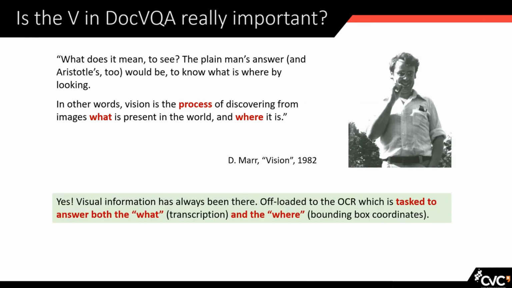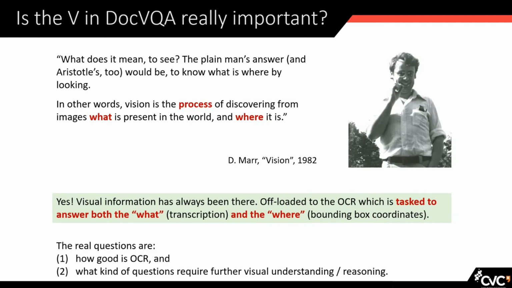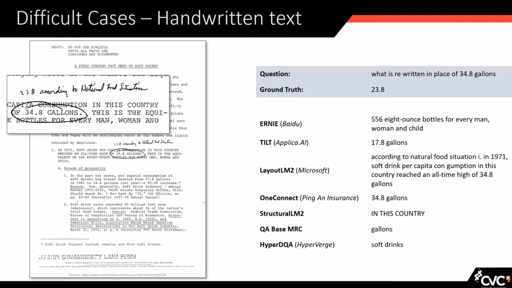So yes, actually, visual information has always been there, offloaded to the OCR, which is tasked to answer both the what and the where, with the bounding box coordinates. However, the real questions are how good the OCR is and what kind of questions require further visual reasoning, which is quite useful to see in some difficult or failure cases.